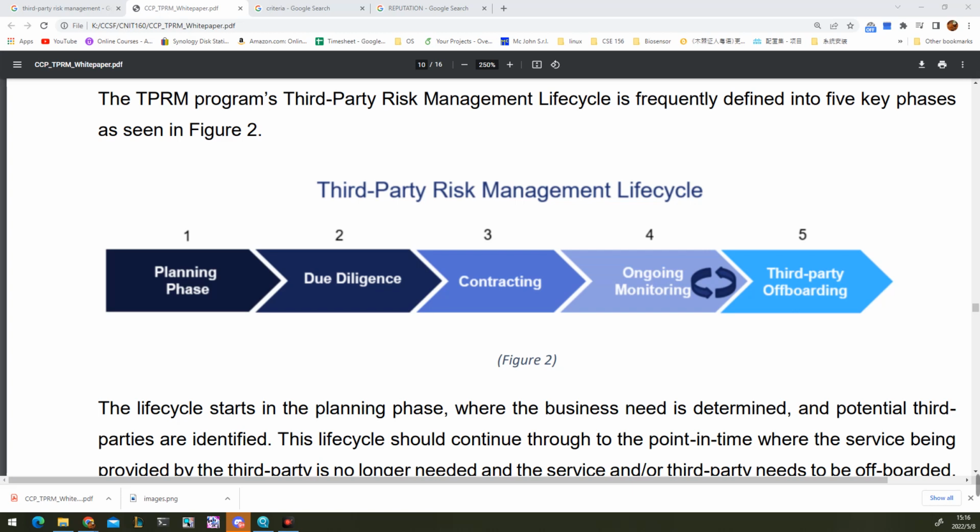The due diligence is for third parties where a determination is made that due diligence is required. Further information should be gathered from the business and the third party.